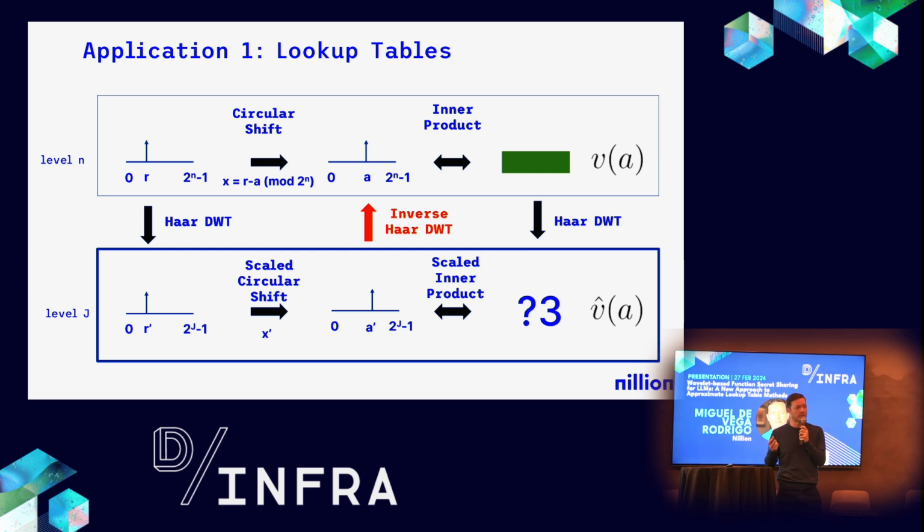And in doing so, we can now have a one-hot vector pointing at a prime, which again is related to a. So at this point, we could reverse the transformation and go back to level n, expand the vector again to make it 2 to the power of n samples. But instead of doing that, because we're interested in reducing computational complexity, we want to try and find if there's a way to do a version of the inner product, but now at a scale j, so a smaller scale.